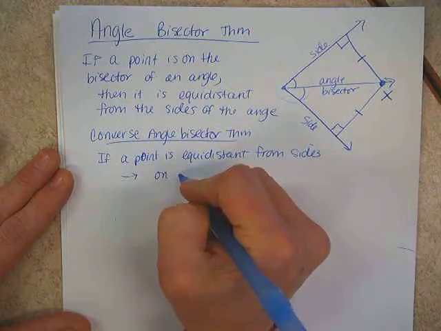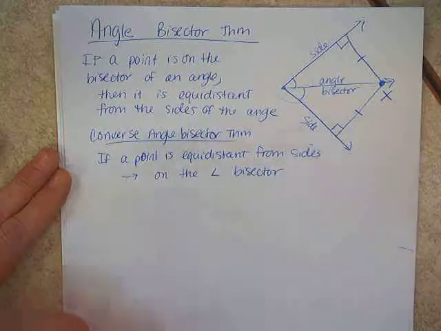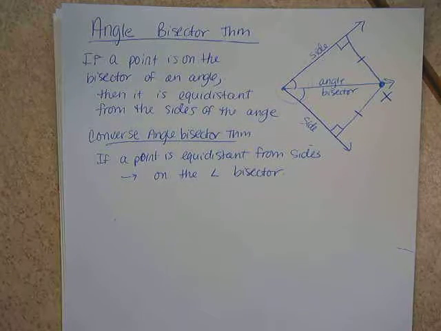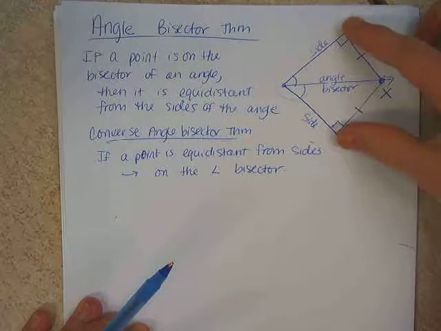If a point is equidistant from the sides, then it's on the angle bisector. You're not really going to be naming these theorems. Again, it's the concepts that you have to be familiar with.